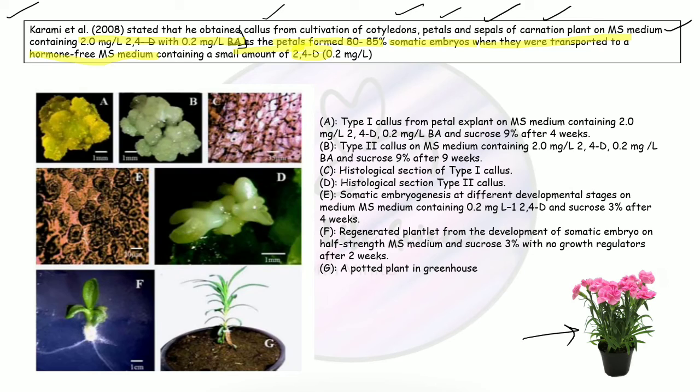When we discuss somatic embryogenesis, I will mention these points again in detail. For now, what they did is they took three different parts of the plant, induced callus at a particular concentration of phytohormone, then induced the callus formed from the petals for the formation of somatic embryos. Somatic embryos are similar to zygotic embryos.